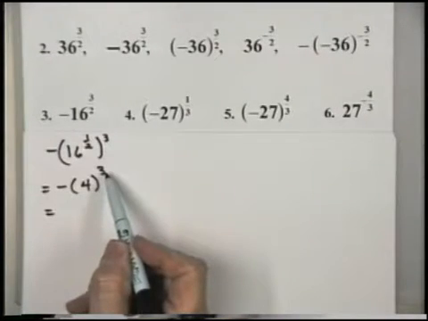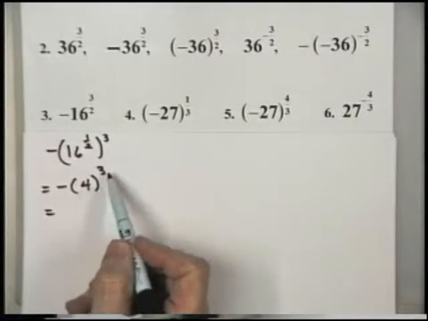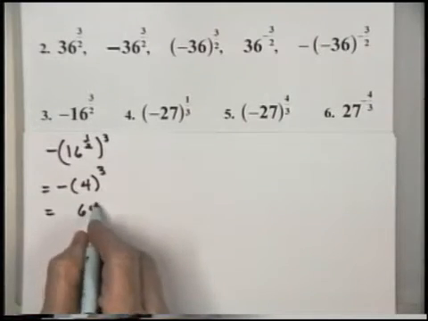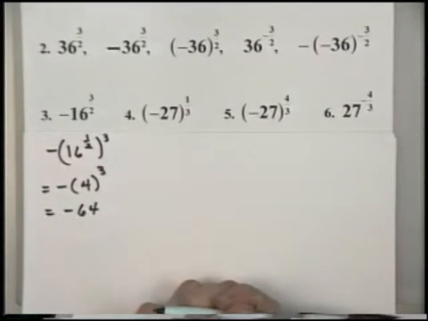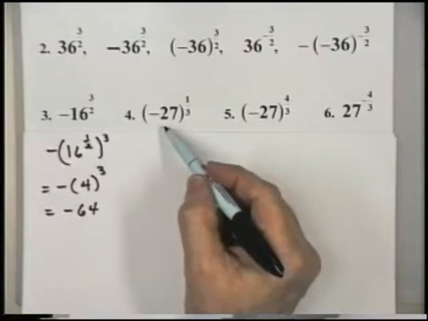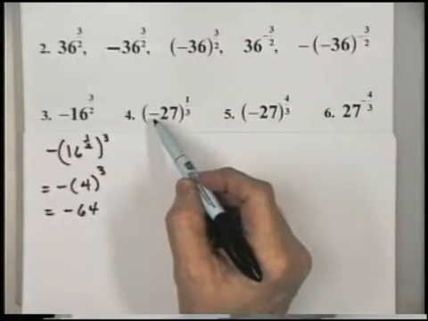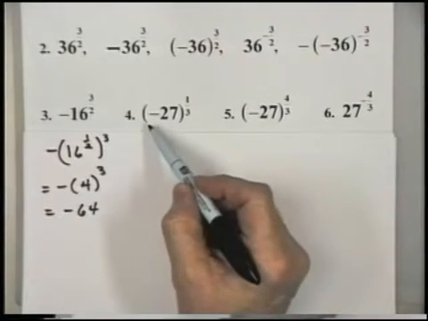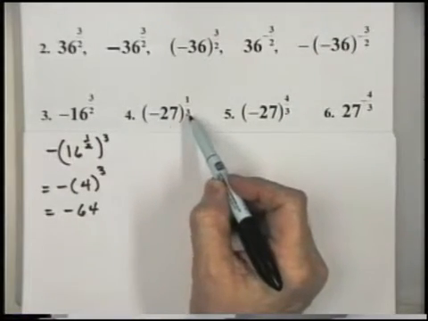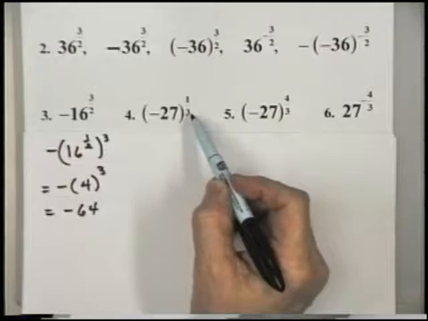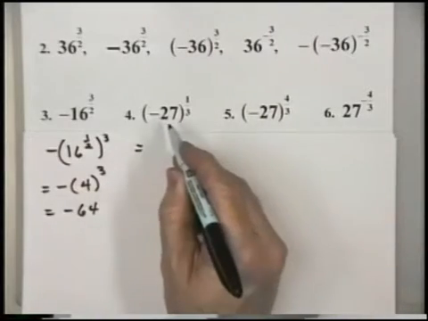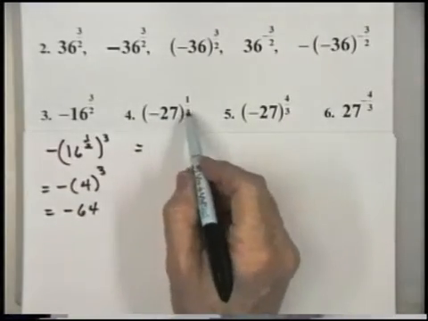Now what do you do first? Always exponent first. Cube that. 4 cubed is 64. Then take its negative. Comes out with a negative 64. Number 4, looking at a negative base. But it's an odd root, so that's okay.